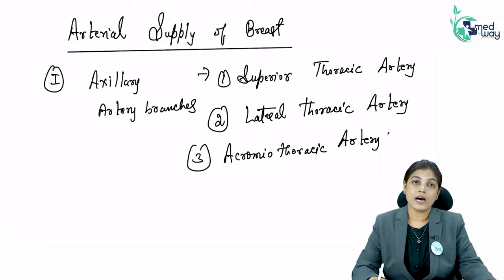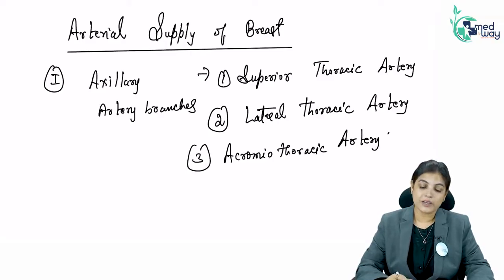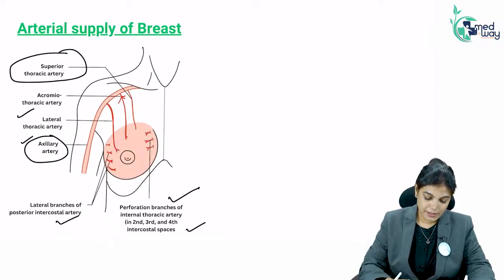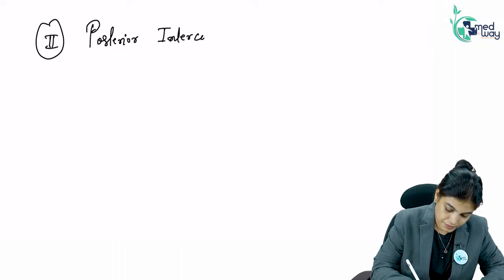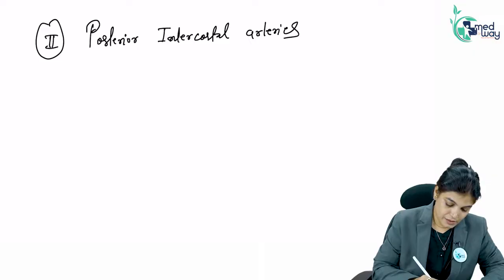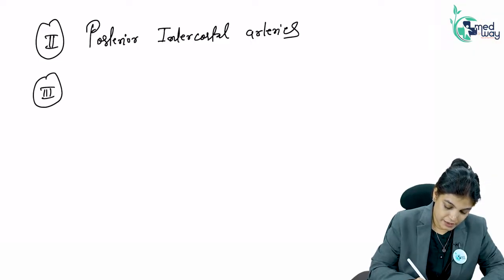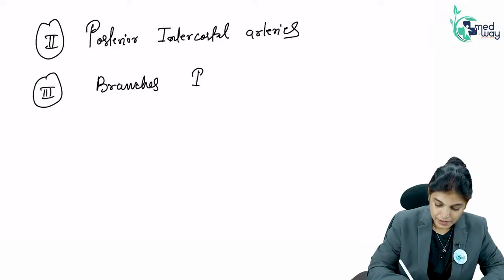The other sources are the branches of the internal thoracic artery and the posterior intercostal arteries. So the other sources are the posterior intercostal arteries, lateral branch, and branches of the internal thoracic artery.